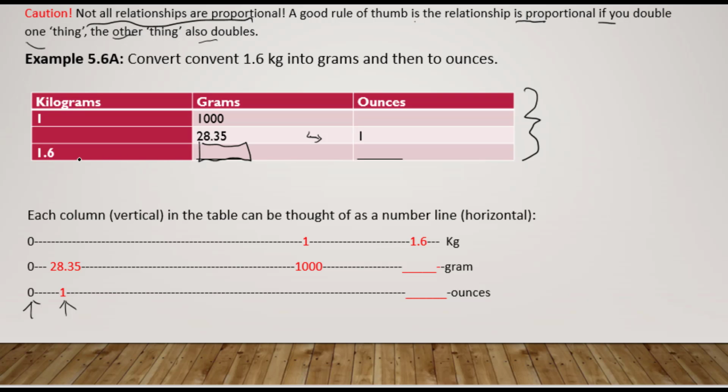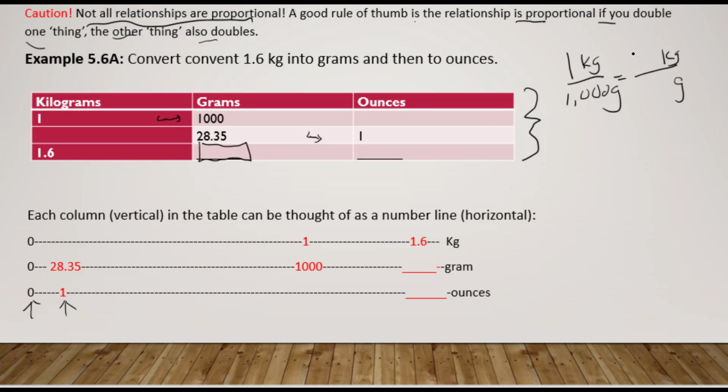And I know that 1 kilogram is the same as 1,000 grams. So I'm going to put that up here. 1 kilogram is the same as 1,000 grams. Again, I just chose this arbitrarily. I could have written it 1,000 grams over 1 kilogram. But if I kept this, I better do this here, right?